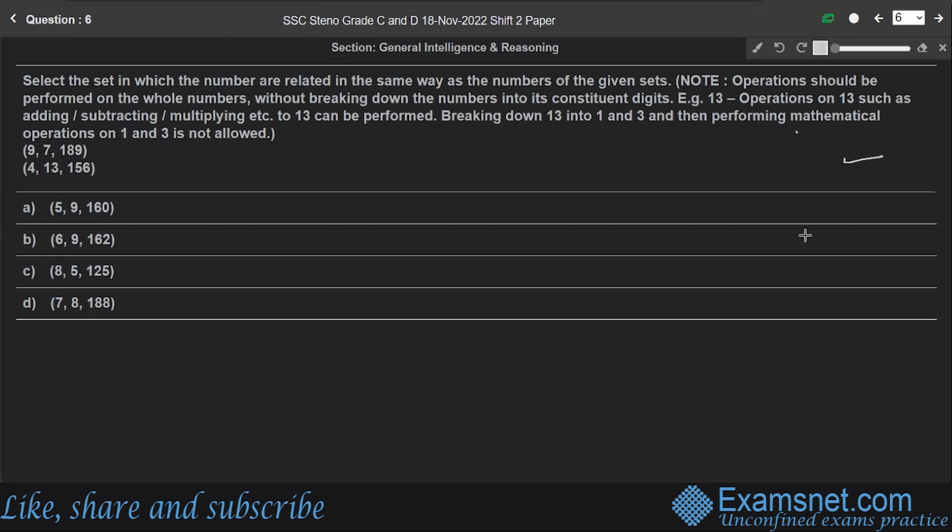Question number 6. Select the set in which the numbers are related in the same way as the numbers of the given set. Here is a note that the operation should be performed on the whole numbers. So here are two sets given. Each set contains three different numbers. We have the first number as 9, the second number is 7 and the third number is 189.